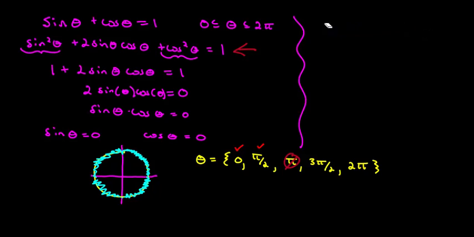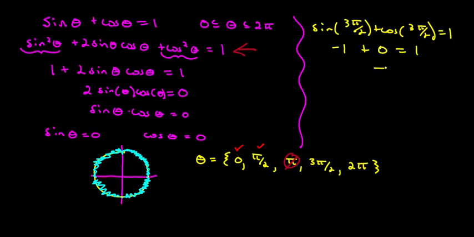Okay, so now let's go to the next one. That's the sine at 3 pi over 2 plus the cosine at 3 pi over 2. We want to see if it does equal 1. The sine at 3 pi over 2 is negative 1. The cosine is 0. And again, we have negative 1 is equal to positive 1. That's not true, so we won't use that guy either.